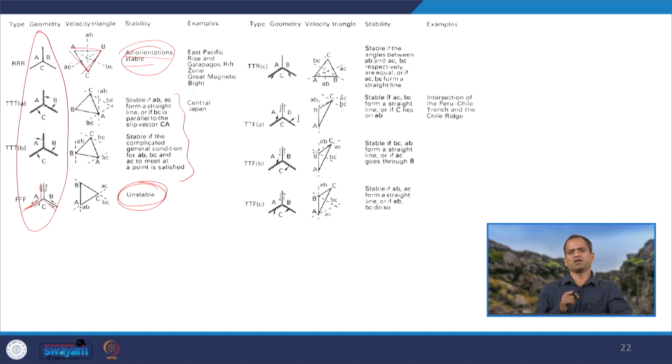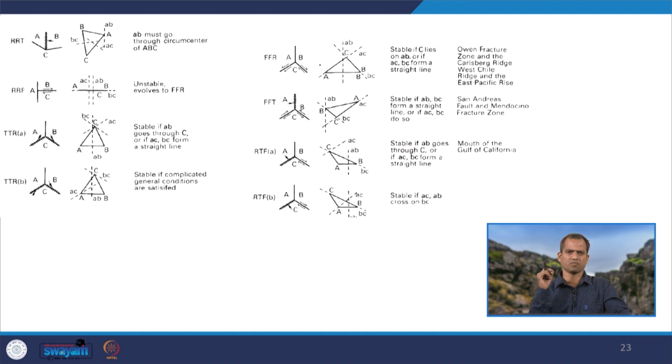On this principle, if you put the plate boundary orientations on the relative velocity triangle and they meet at a point, then the given triple junction is stable.